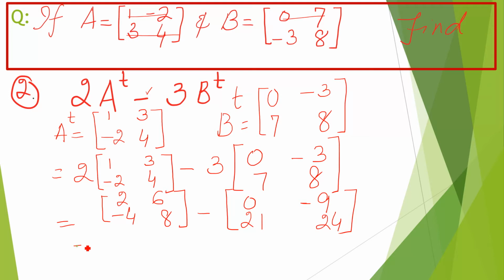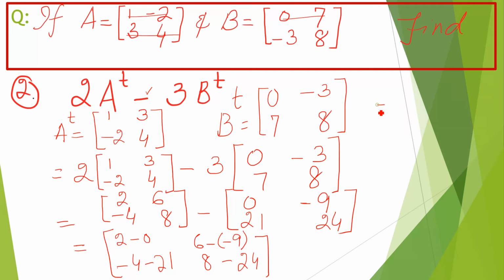Now we have to subtract this from this, right? So 2 minus 0, 6 minus, and this is also minus here, minus 4, negative 21, 8, negative minus 24. So I will write it down here, but in your books or copies you have to write it after this, okay?